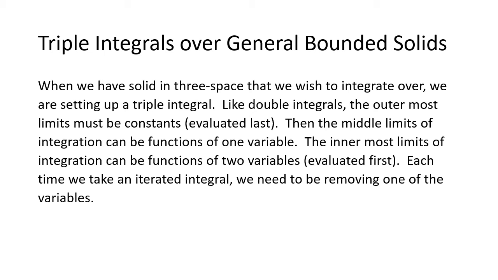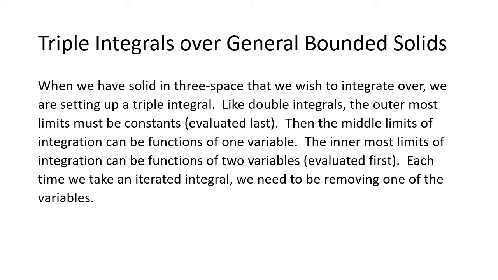So again, the idea is our triple integral starts with three variables, x, y, and z. When I do my first iterated integral, the innermost one, I might be down to functions of just two variables. So let's say I eliminate z first, I'd still have x's and y's. Well, then it's a double integral in terms of x's and y's, which you know how to do this already.